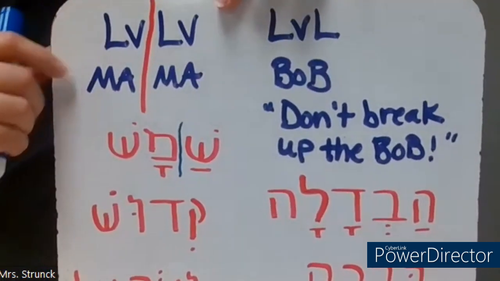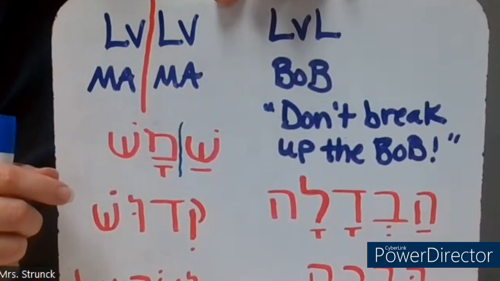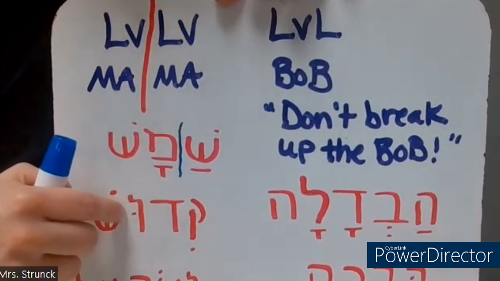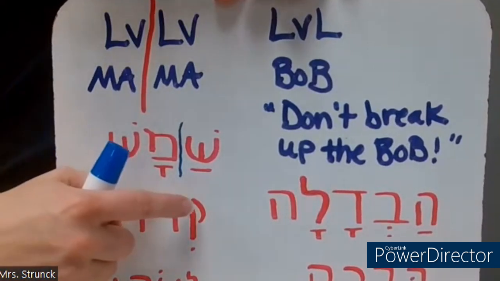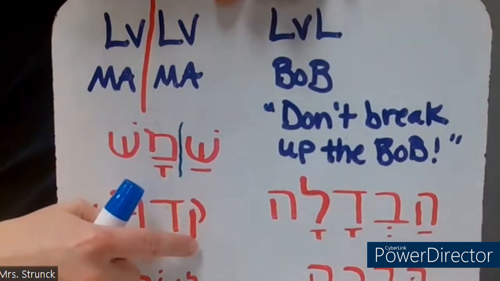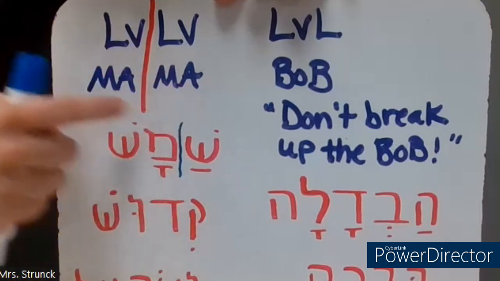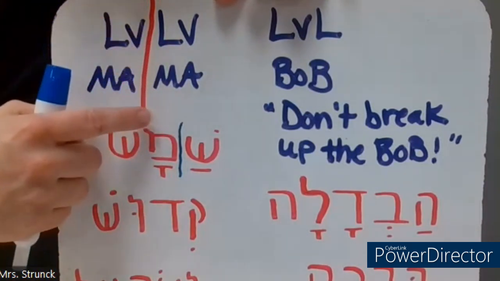If we look at our next word, we've got a vowel that is not under a letter. It's right next to the letter, and it's my favorite one. It's the oo vowel. When we're breaking it up, we've got letter, vowel, letter, vowel. That's like the mama. After the first letter and vowel, I draw my line.